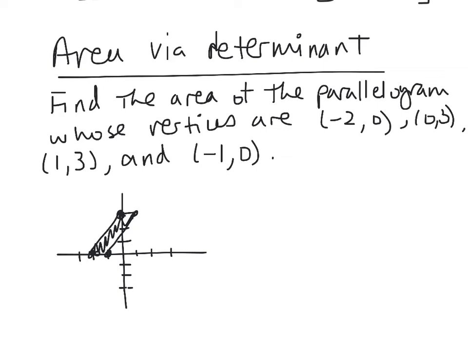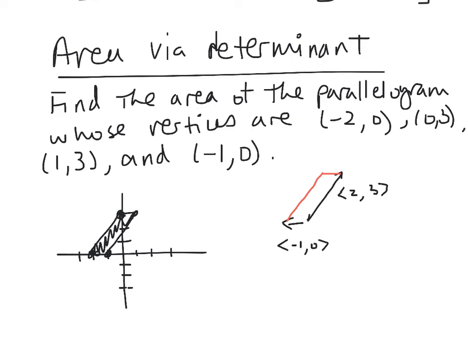So we see that this parallelogram is actually given by 2 vectors. It's given by a vector that goes 1 to the left, and it's given by a vector that goes over by 2 and up by 3. And then the other 2 pieces of the parallelogram just fill in those 2.